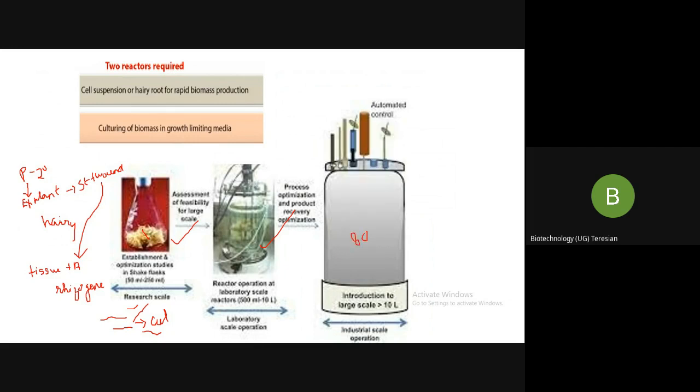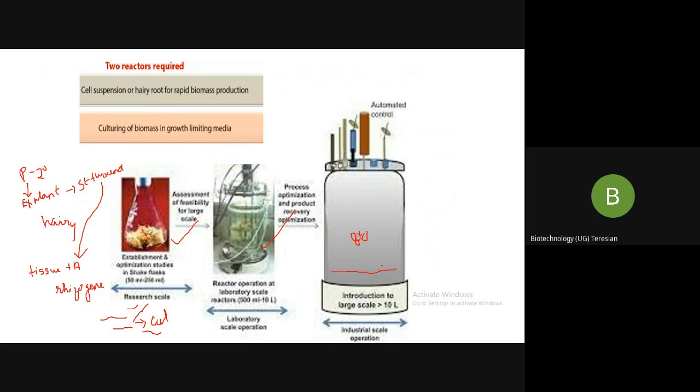But if they aggregate like this, what happens? The density increases and they settle here. When they settle here, how can they act on your substrate and produce product? They cannot. So this is one of the drawbacks. And there is non-uniform availability of nutrients and oxygen, and eventually it can decline the secondary metabolite production.